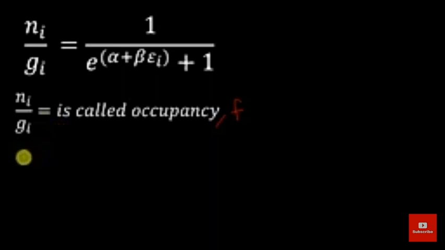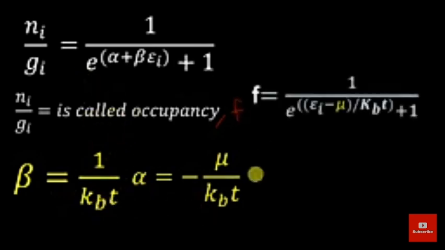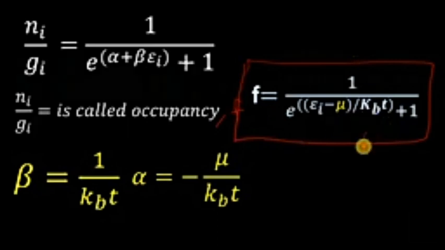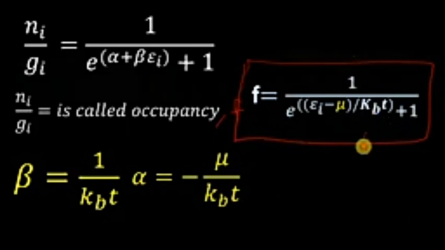We have learned in detail in statistical mechanics that alpha and beta work out to be: alpha is minus mu upon kBT and beta is 1 upon kBT. Now putting all this in, we get the familiar version of the Fermi-Dirac distribution law: f equals 1 divided by e raised to (E minus mu) upon kBT, plus 1. So simple, that is the Fermi-Dirac distribution law.